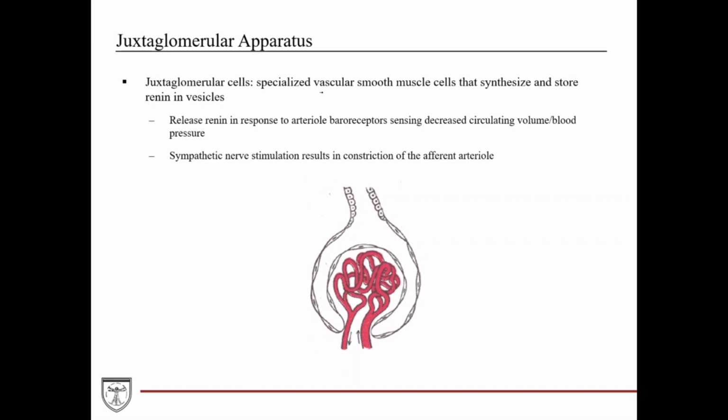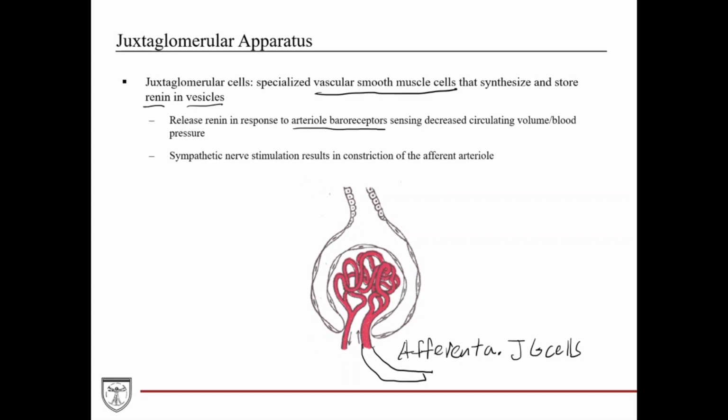So first, the juxtaglomerular cells. These are specialized vascular smooth muscle cells that synthesize and store an enzyme known as renin in vesicles within the cell. So if we come down here, again, it's going to be mainly found in the afferent arteriole. And you have the juxtaglomerular cells. And what they do is they release renin in response to arterial baroreceptors found in the afferent arteriole that sense decreased circulating volume or decreased blood pressure.